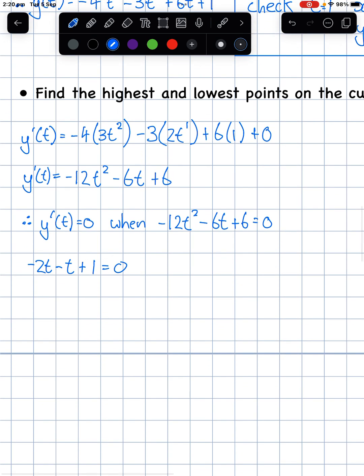Realistically, you can simplify down like this.